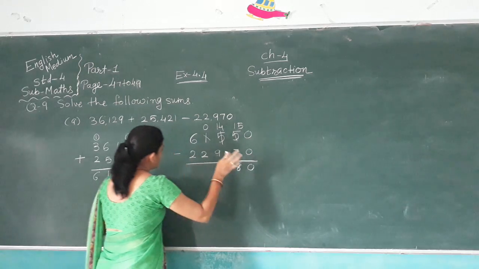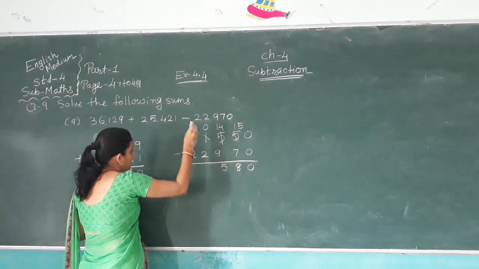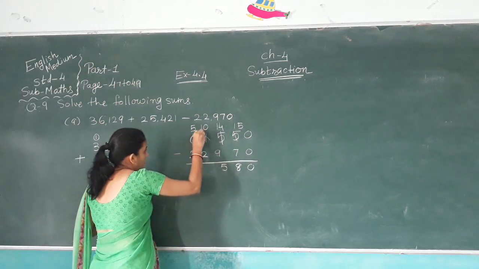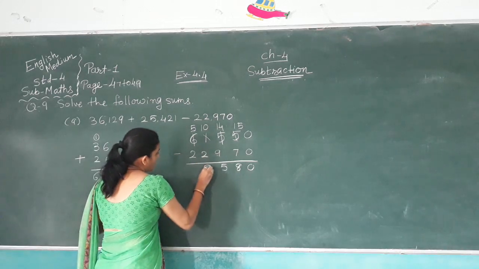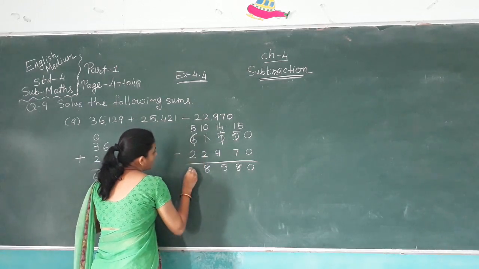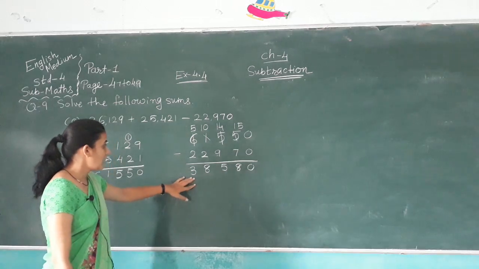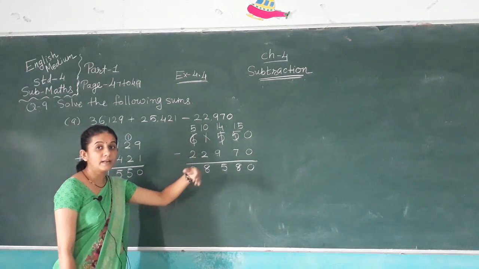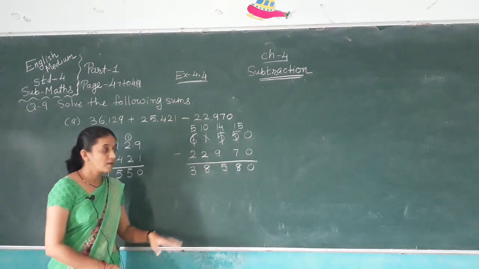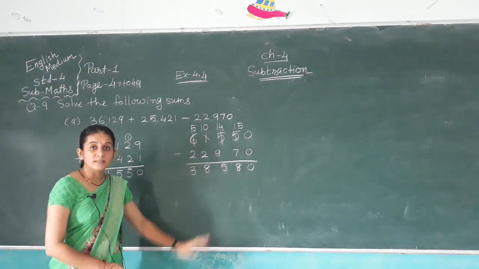Again 0 minus 2 is not possible. Cut here 6, write here 5, here 10. 10 minus 2, 8. 5 minus 2, 3. So we get the difference 38,580. All students do the same. Thank you.